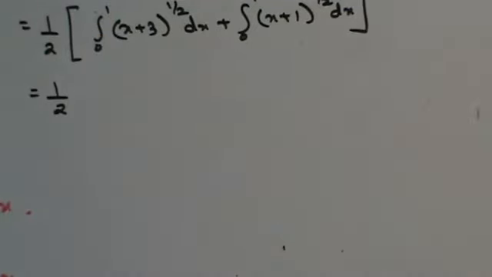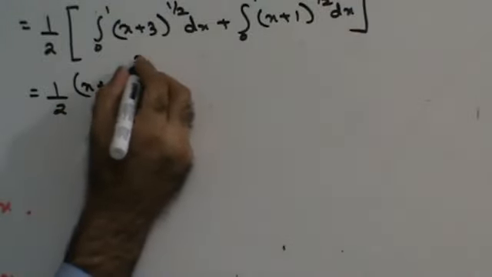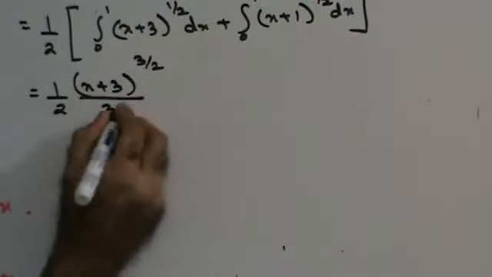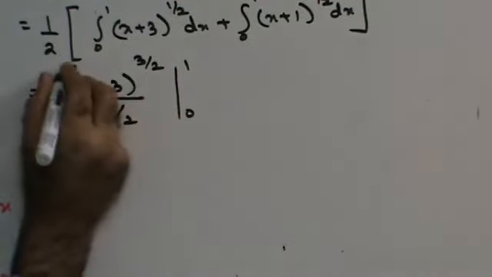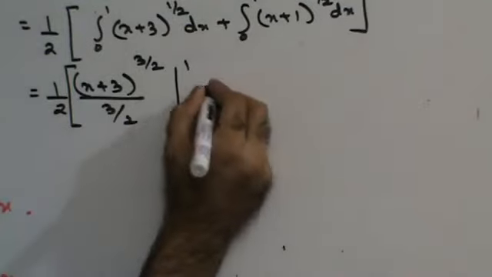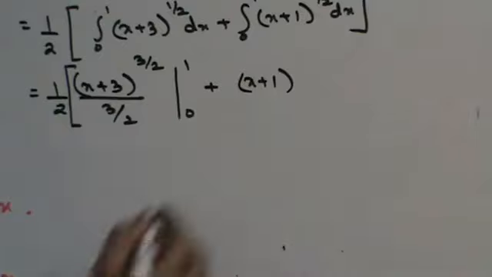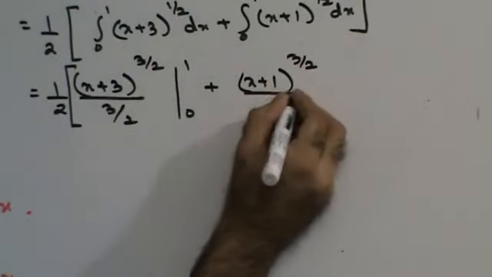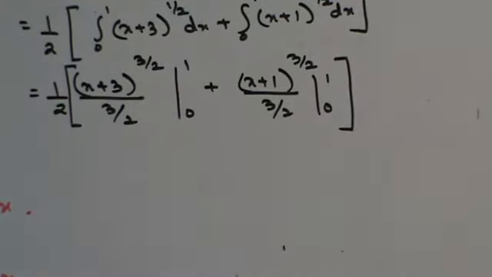So in that case, this is going to be equal to x plus 3 raised to 1 by 2 plus 1, that is 3 by 2, upon 3 by 2, when the limits are between 0 to 1, plus x plus 1 raised to 3 by 2 upon 3 by 2, when the limits are between 0 to 1.